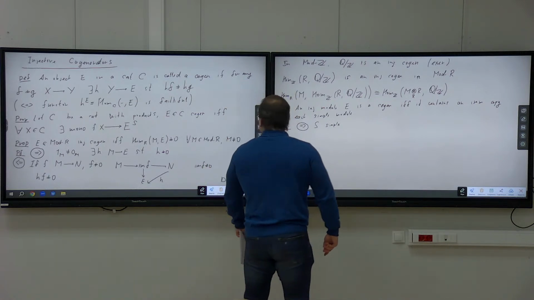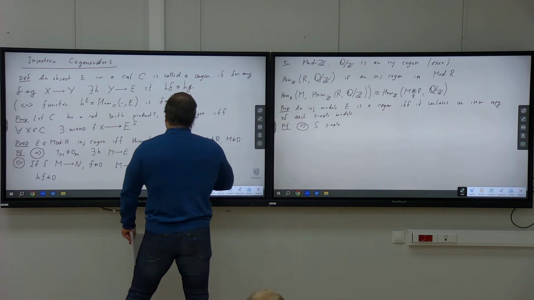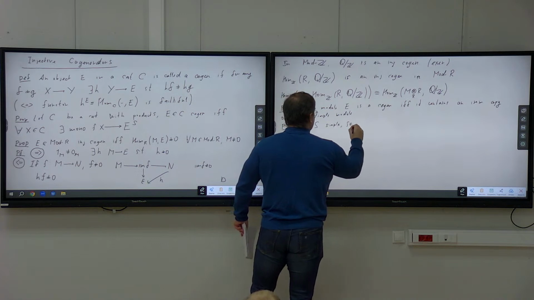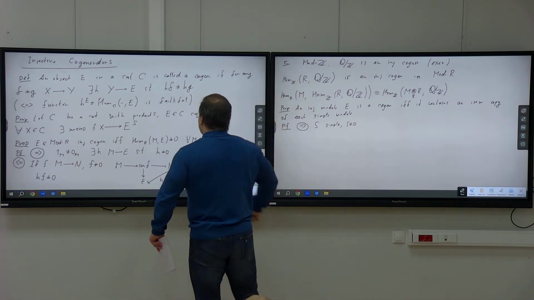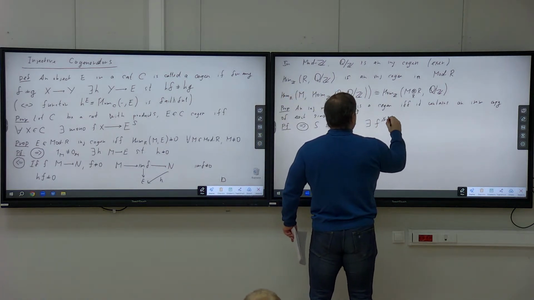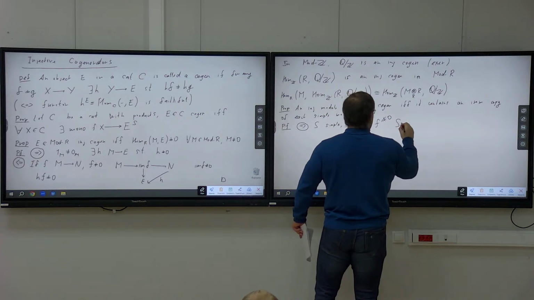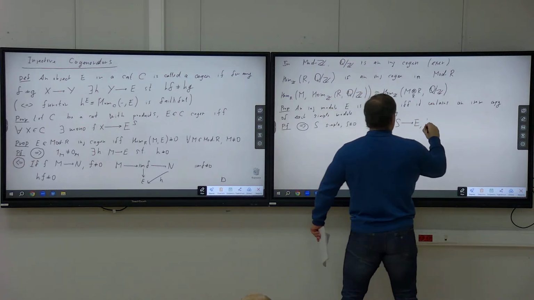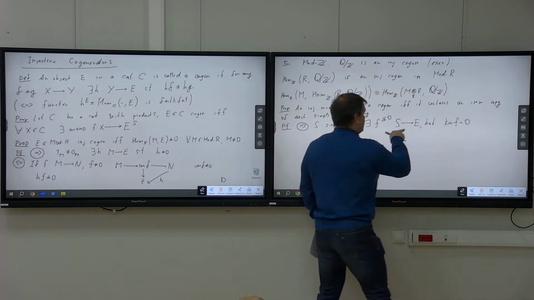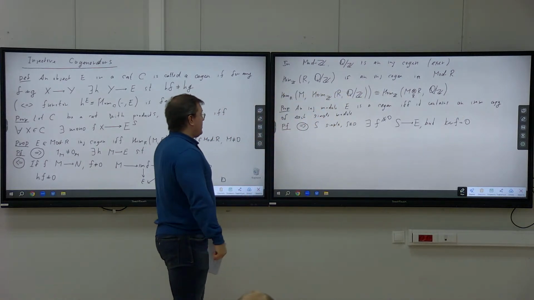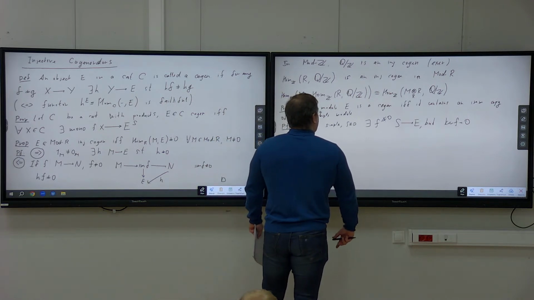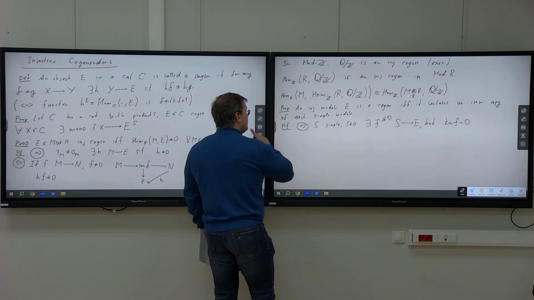Now we know, using this proposition, that for any module not zero, of course simple, and of course I assume that S is not equal to 0, we know that there is a non-zero element in the Hom, so there is f not equal to 0, which is a map from S to E. But since S is simple, the kernel of f is 0, hence this is an embedding of a simple module into the injective module E. Okay, so if this is a cogenerator, it contains every simple module.